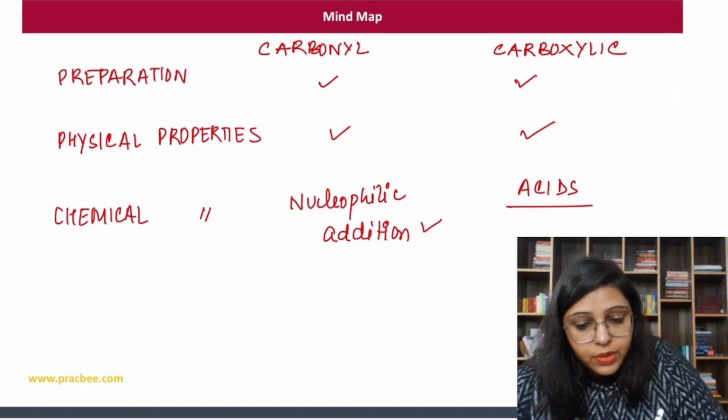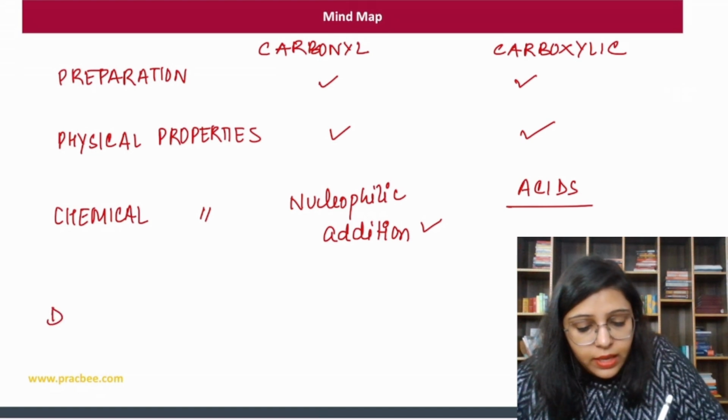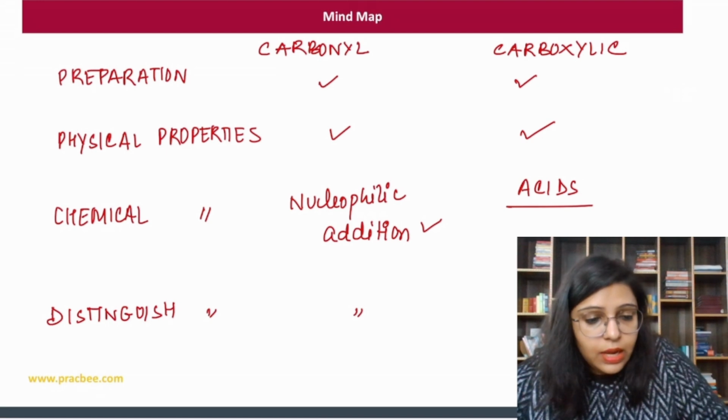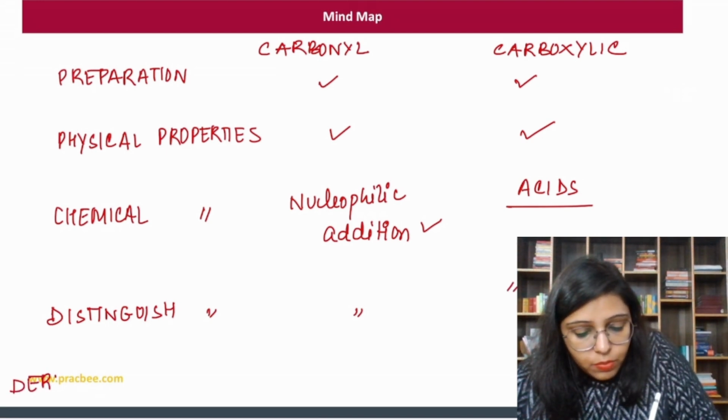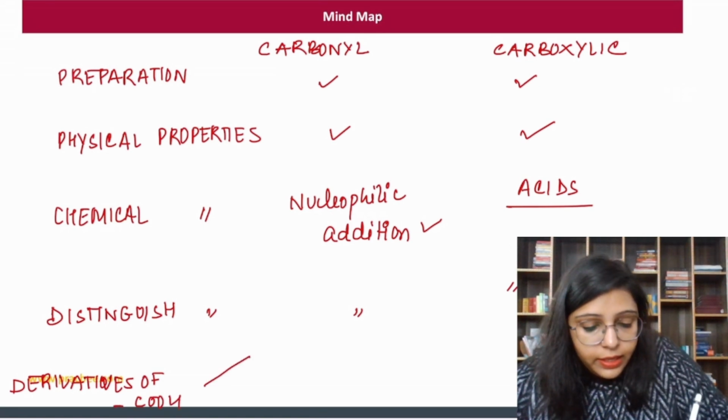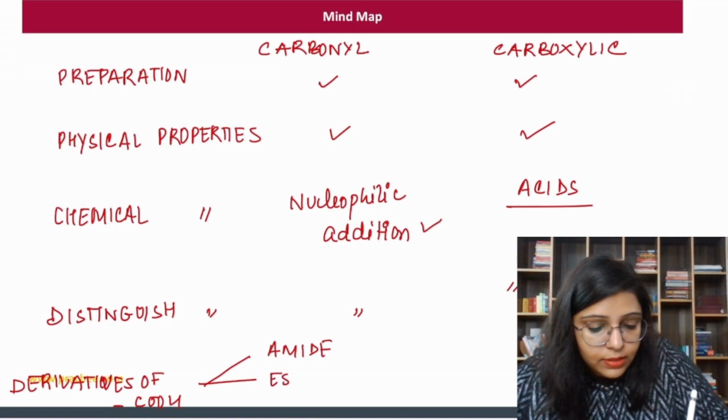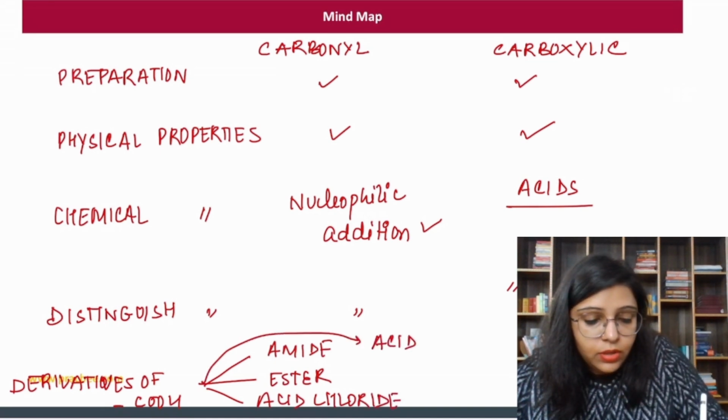So we have chemical properties, physical properties, preparation. Then we have distinguish tests for carbonyl and carboxylic compounds. Then we have derivatives of carboxylic acid, which include amide, ester, acid chloride, or we can say acyl chloride, and then acid anhydride.